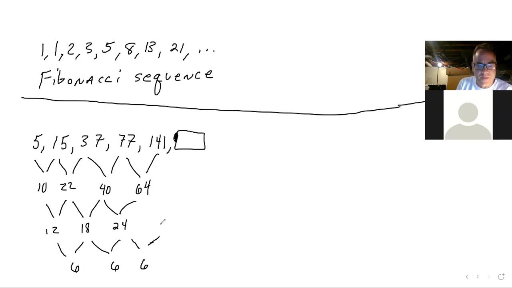Right here I would have had to have a 30, because 30 minus 24 would be 6. Then the next term, I would add 30 plus 64, and I would have 94. And then I get the next term of the actual sequence by going 141 plus 94, and that would give me 235.